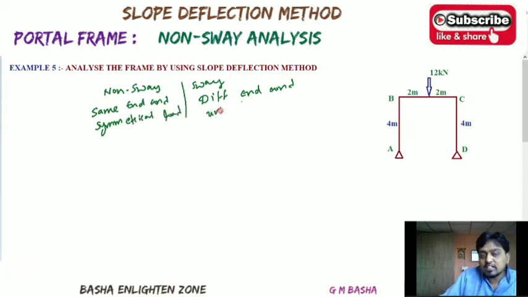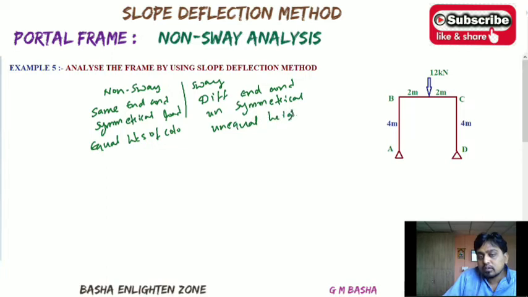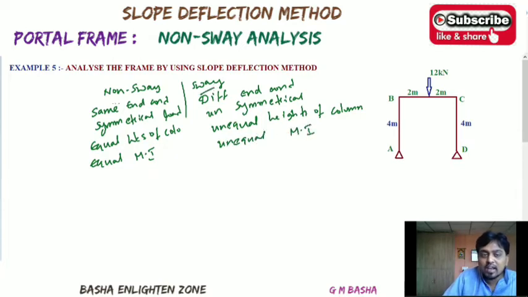Here unsymmetrical loading and equal heights of the column, equal heights of column. Similarly here unequal heights of column. Here equal moment of inertia means constant. Here unequal moment of inertia. So these are the conditions that happen for sway analysis and these are the conditions that happen for non-sway analysis.